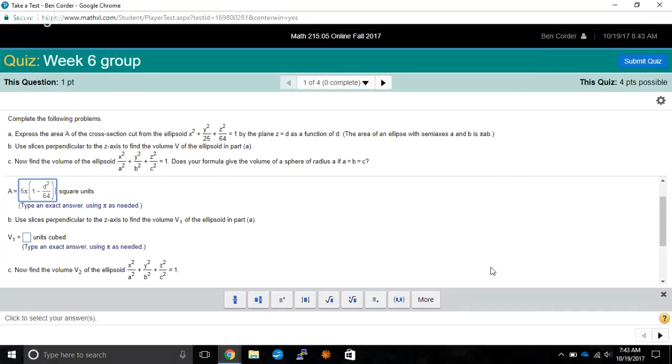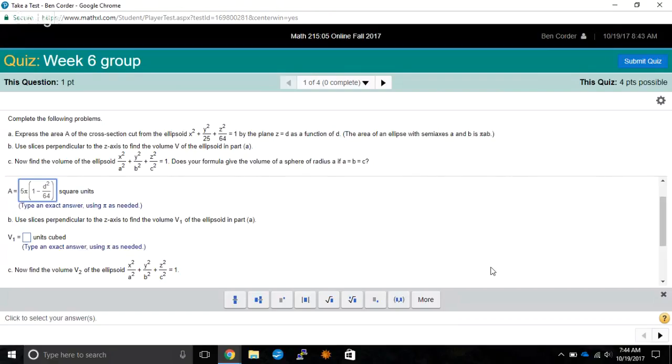Okay, use slices perpendicular to the x-axis to find the volume. I'm not sure. I think you would do -8 and 8 because that's what C is, and that's the variable we haven't touched yet. We've used A and B. Yeah, because the endpoints of the z-axis were.